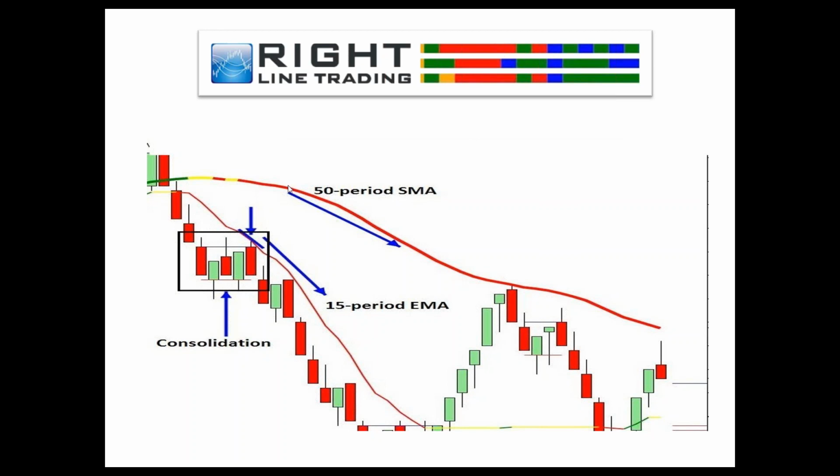When we have this, we know that the application of institutional money is present. There's a defined downtrend in our higher time frame, and this is our second higher time frame. And this is when we're going to look for a short entry on our trade.